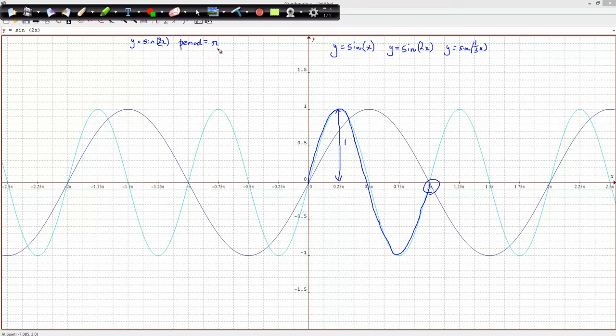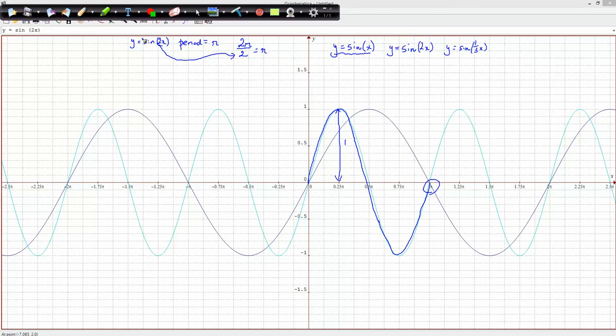So maybe, just maybe, if I took the original 2 pi radians, which was for the sine graph, and divided it by that 2 there, we might end up with the period of the new function.